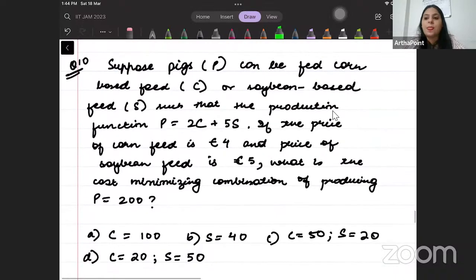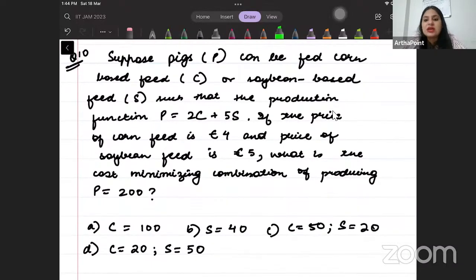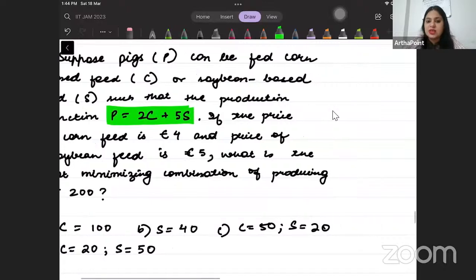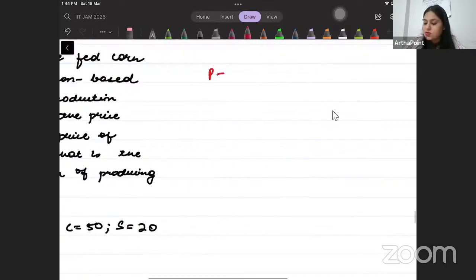This is a good question. It says, suppose pigs can be fed corn-based feed or soybean feed such that the production function is P equal to 2C plus 5S. This is your production function, 2C plus 5S.